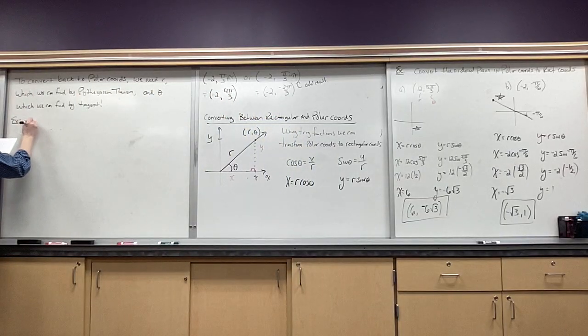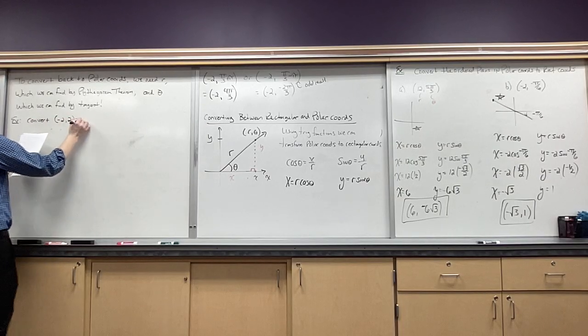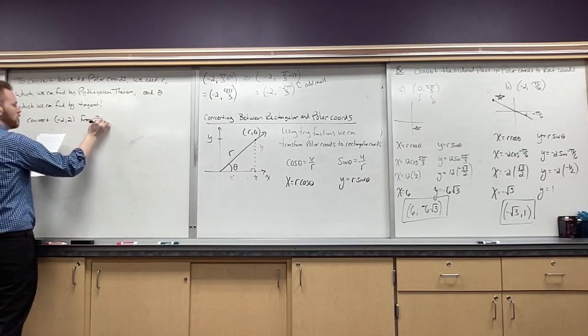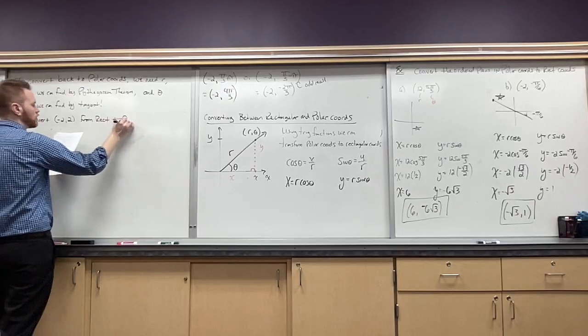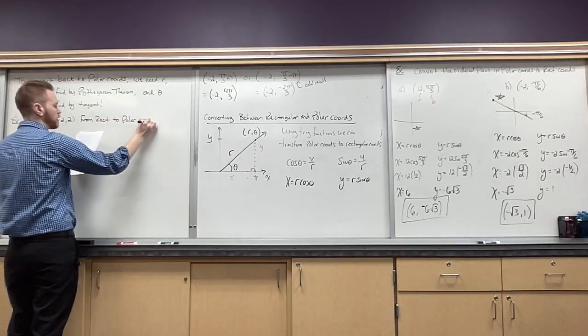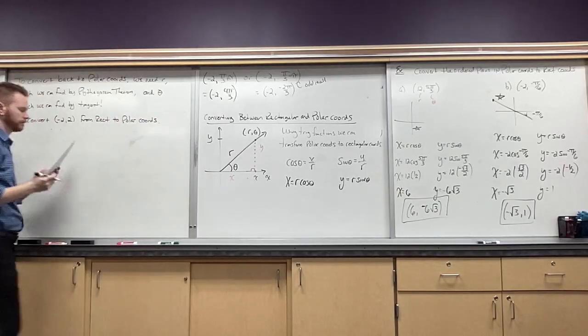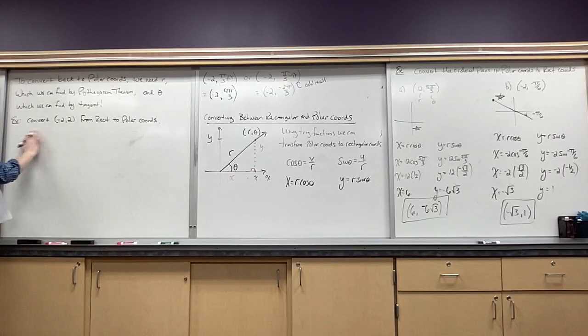We're going to convert negative 2 from rectangular to polar coordinates. And here's what we're going to do, because we talked about there's more than 2 ways, but you can write equivalent polar coordinate expressions depending on how you're going to add pi, subtract pi, or 2 pi, depending on if r is positive or negative.